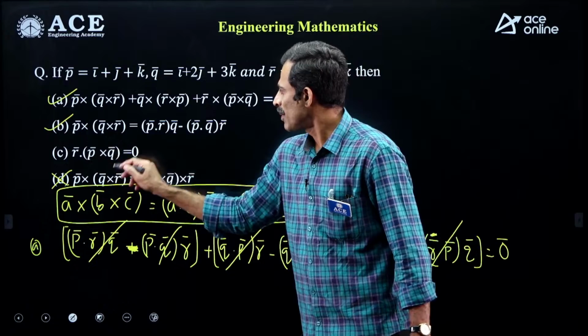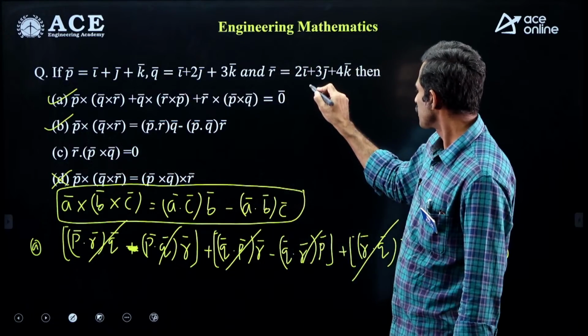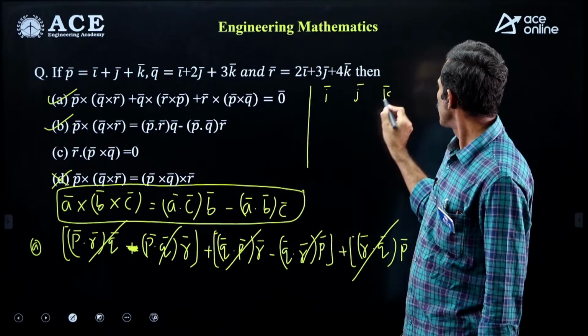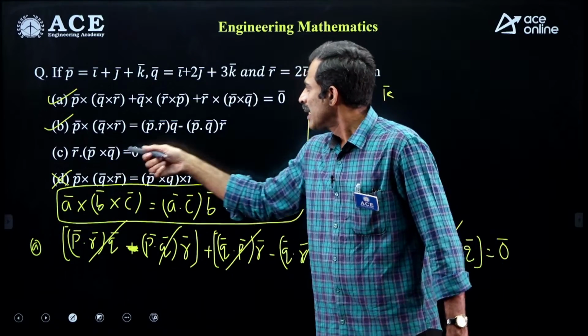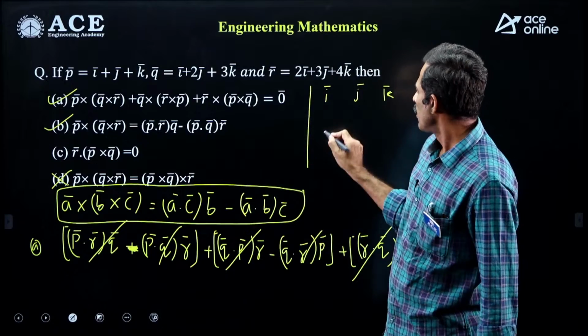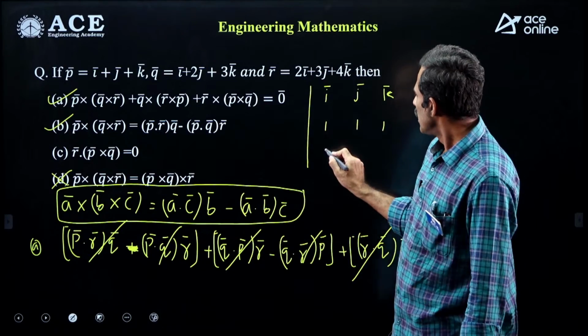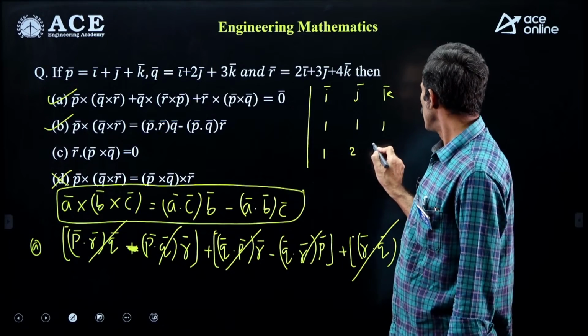So let us find P bar cross Q bar with the given vectors. I bar, J bar, K bar. Next P bar along the second row 1, 1, 1, Q bar along the third row 1, 2, 3.